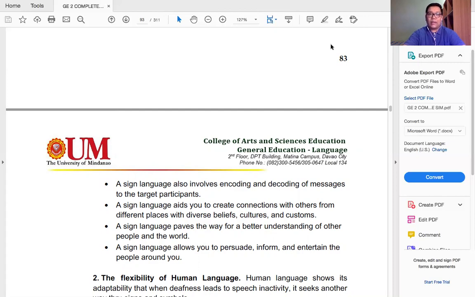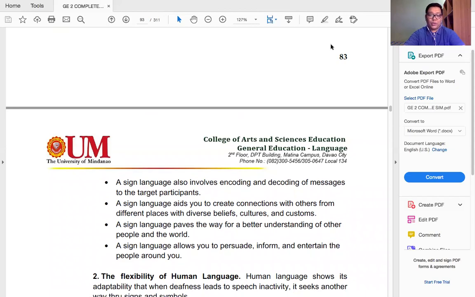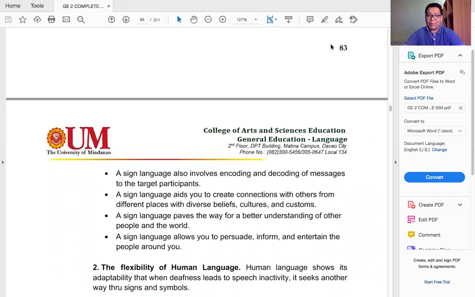Even if we say that sign languages are culture specific, there are specific sign languages which could also be used universally, which means this may be true from one culture to another. Let's say a hand gesture or a hand signal may be meaning similarly from one culture to another. A sign language also allows you to persuade, inform, and entertain the people around you.